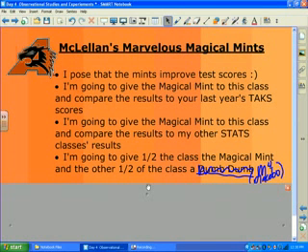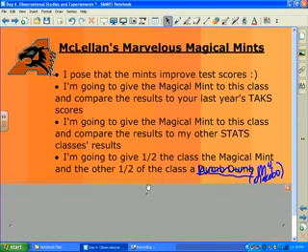Okay, now, true. Exactly. Very good point. You didn't know if you had the real thing or not, and so statistically, you will do 20 to 30% better just because you think you got the magical mint.